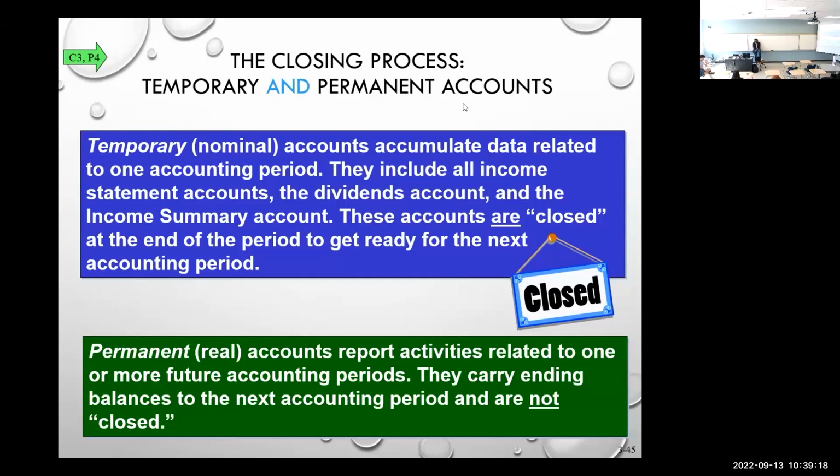For example, do you care about how much cash the company has accumulated since 1792 or something? Since the 1700s, yeah, you do care. You want to know how much cash they've accumulated over those years. Do you care about how much land and buildings they've accumulated over that time?